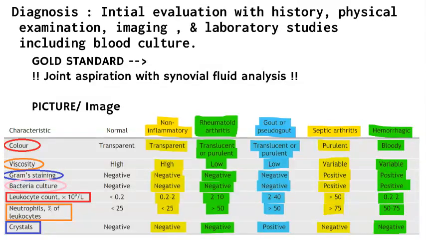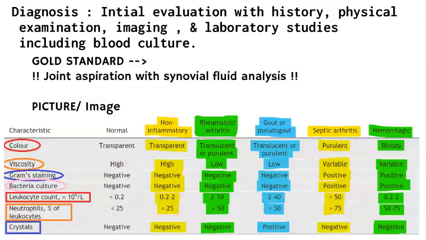For non-inflammatory, it will be transparent with high viscosity. The difference from normal is the leukocyte count, which is around 0.2 to 2. For rheumatoid arthritis, either translucent or purulent with low viscosity, but the culture will be negative.